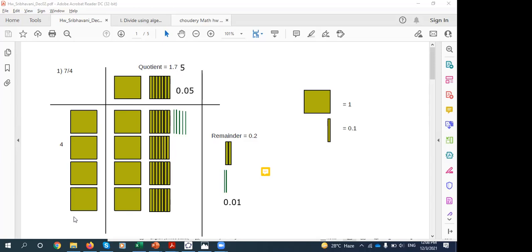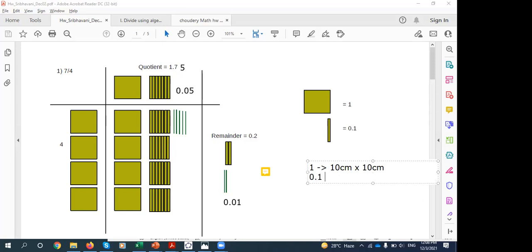If you were to try this on a dot sheet, not dot sheet, sorry, centimeter graph paper, then I would recommend you use these things. For one, you use a 10 cm by 10 cm square.